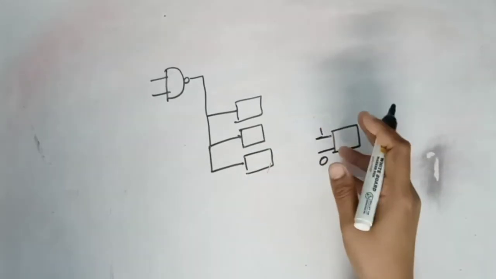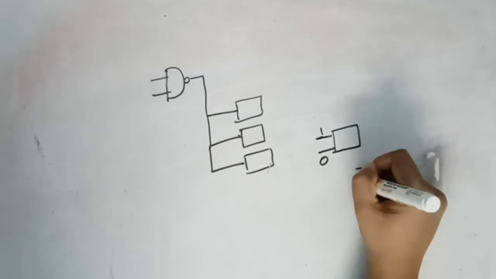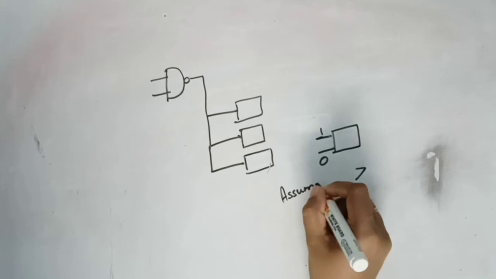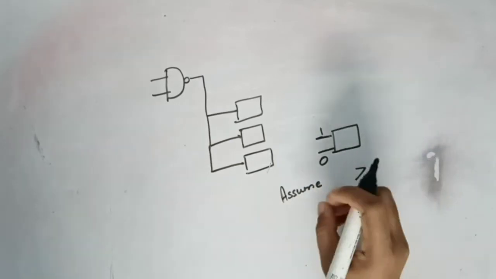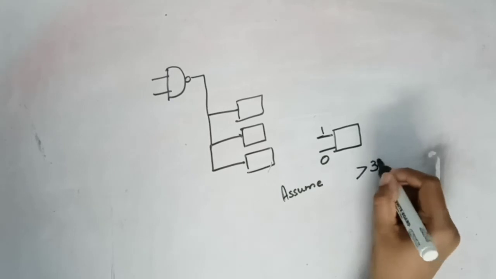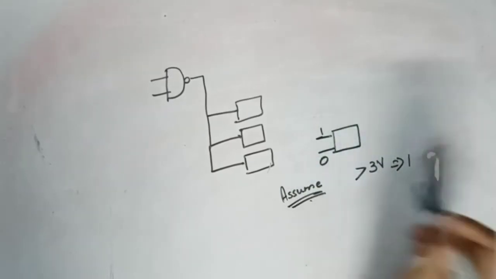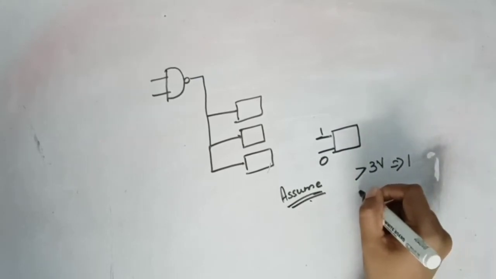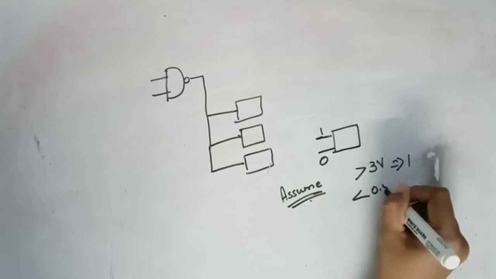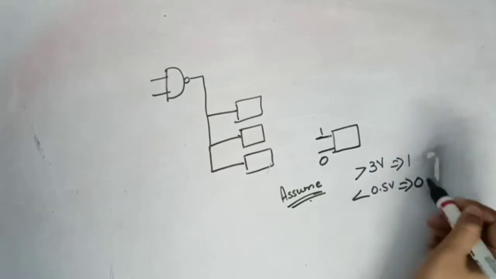That depends on the logic family again. Just assume, this is not any typical value: any voltage greater than say 3 volt, I am considering as 1, and any voltage less than say 0.5 volt, I am saying as 0, high and low.